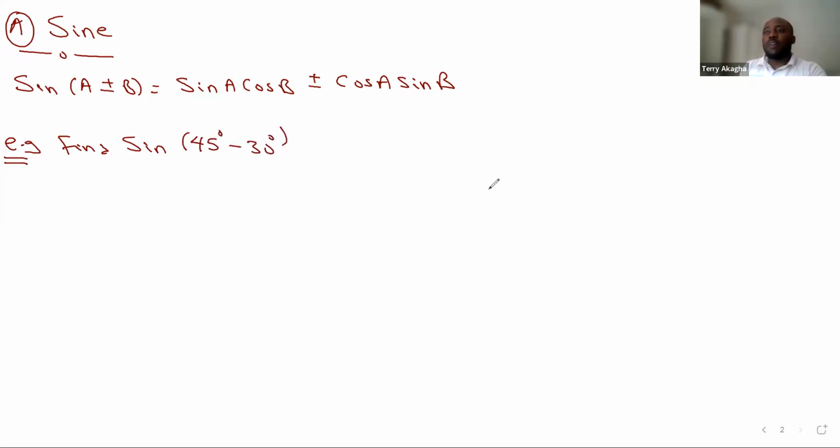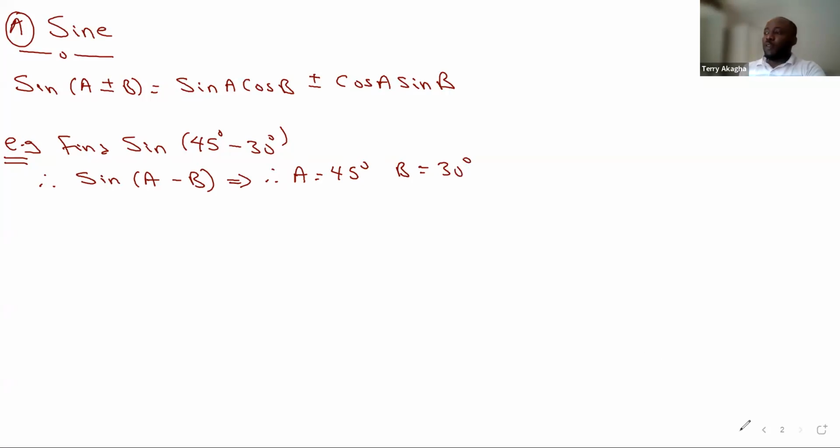Okay, let's start with something easy, okay? Now, you can see this is similar to sine of A minus B. Can you see? And from this point, you can see that A is the same thing as 45, and B is the same thing as 30 degrees. Is that making sense?